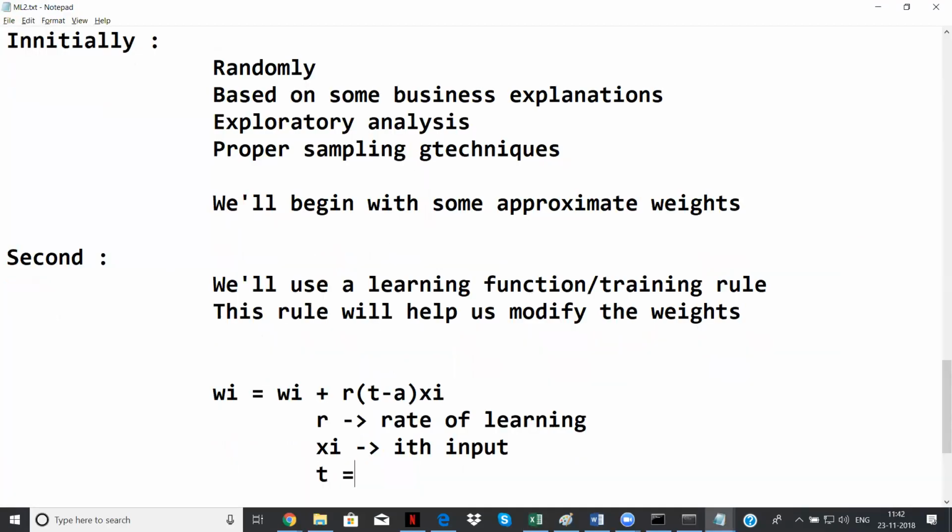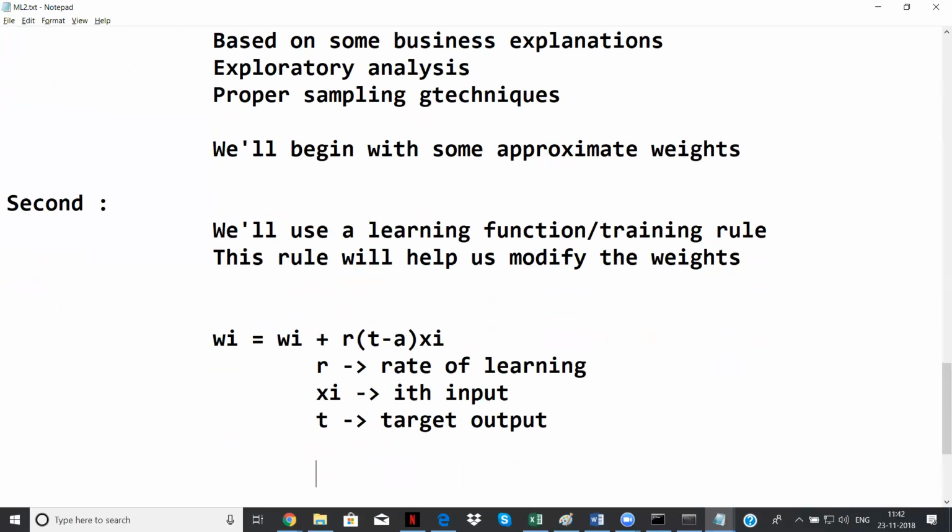T is your target output. So let's say, for example, there is one set of class x1, x2, x4, x7. There are certain inputs to it.